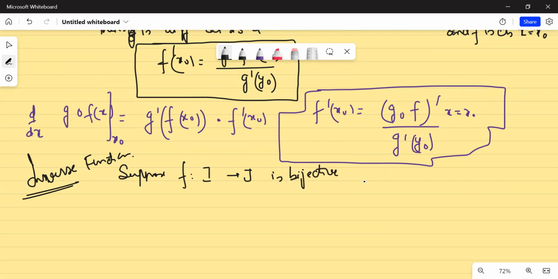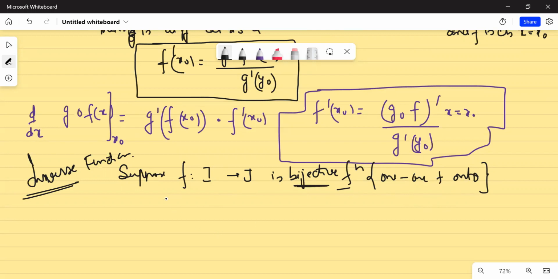A function which is one-one as well as onto is called a bijective function. If the function is bijective only, then your inverse is defined, right?